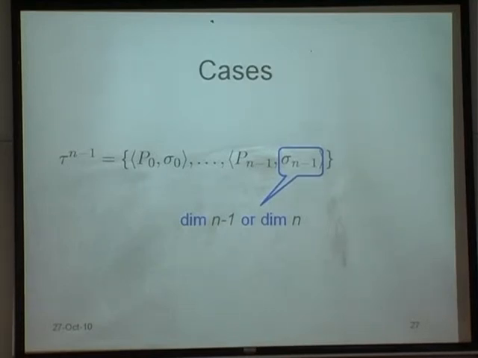So either it was in the last group to run, or in the next to last group to run. What's confusing is that the dimension is off by 1 from the number of processes. That's not my fault. This says it saw all n+1, and this says it saw n, all but 1.